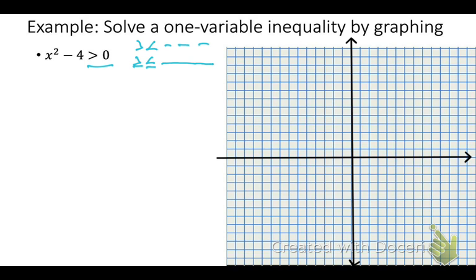Did we not just spend some time working on where the graph is positive and negative? Yes. Okay, so what shape is x squared minus 4? It's a parabola. And more specifically, it's a parabola that moves down 4. So 1, 2, 3, 4.